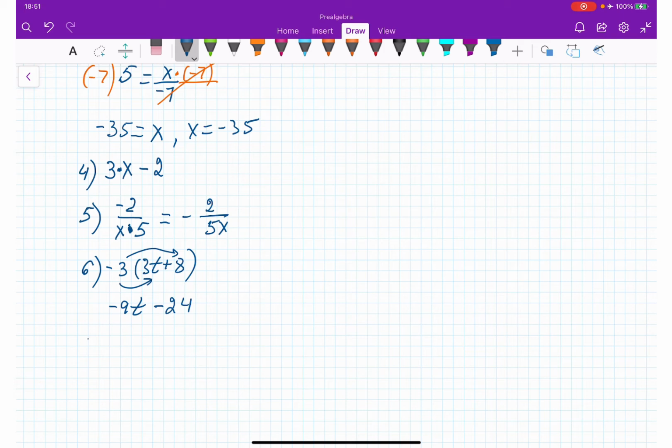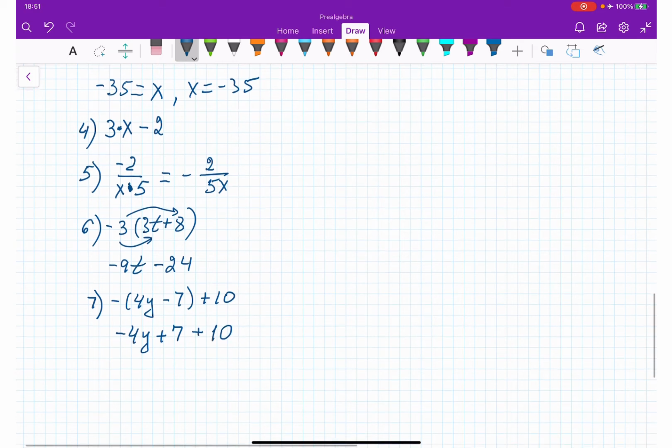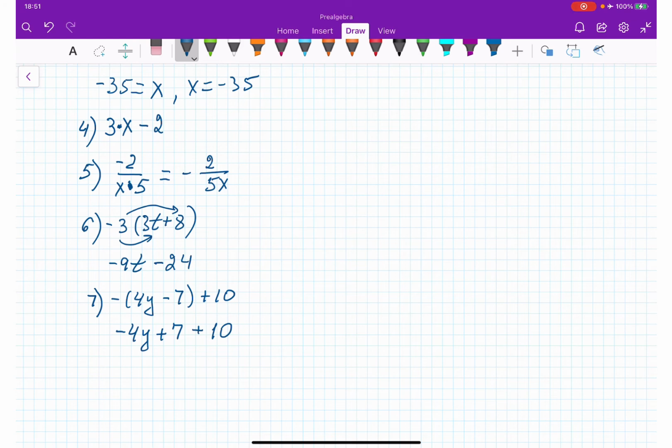Number 7, negative 4y minus 7 plus 10. Okay, it's going to be negative 4y plus 7 plus 10. So what do we get from this simplification? Two like terms, it's going to be negative 4y plus 17.